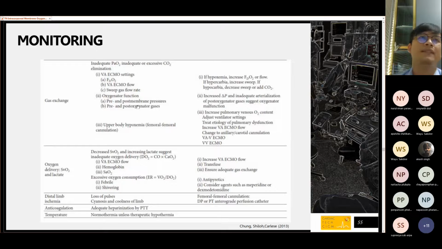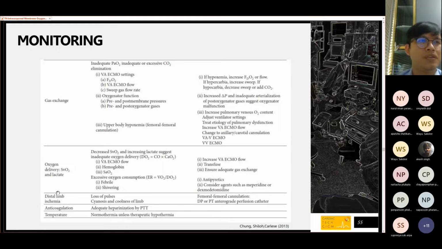For gas exchange, this is one of the main issues. Mainly we observe gas exchange using the arterial blood gas. I will talk about it later. The same as in CPB, the gas exchange is controlled by sweep gas and FiO2. Lactate level is also a perfusion status.